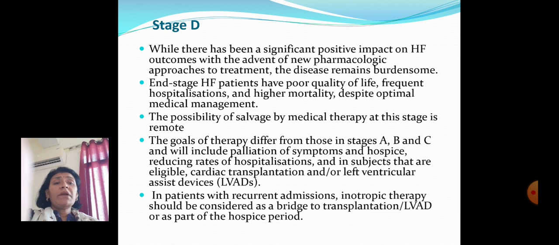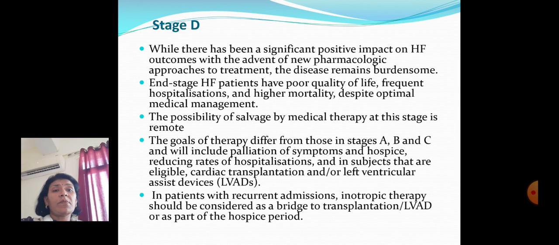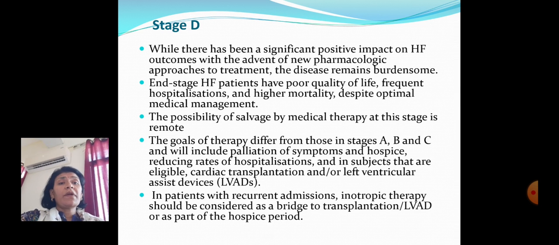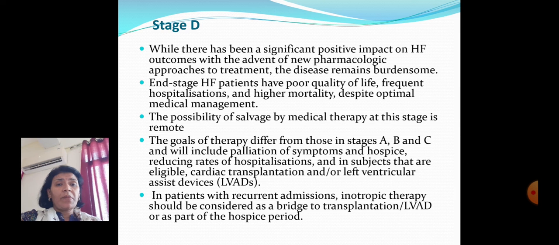The possibility of salvage by medical therapy alone at this stage is remote. So the goals of therapy differ from those in stages A, B and C. And here this includes palliation of symptoms and hospice also, reducing rates of hospitalization, and in subjects who are eligible, cardiac transplant or left ventricular assist devices is opted for.